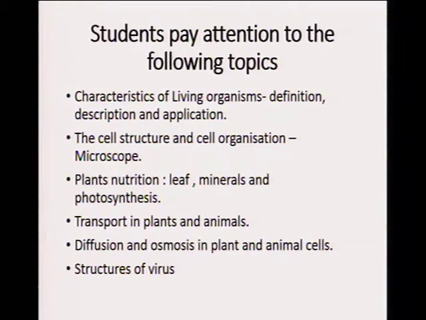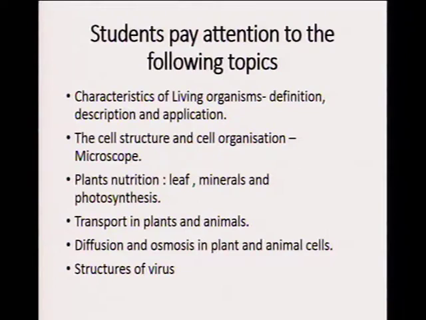The content on the characteristics of living organisms is very straightforward. Therefore, I encourage you to read through very well, starting from movement. The characteristics are movement, respiration, reproduction, growth, excretion, nutrition, and irritability.